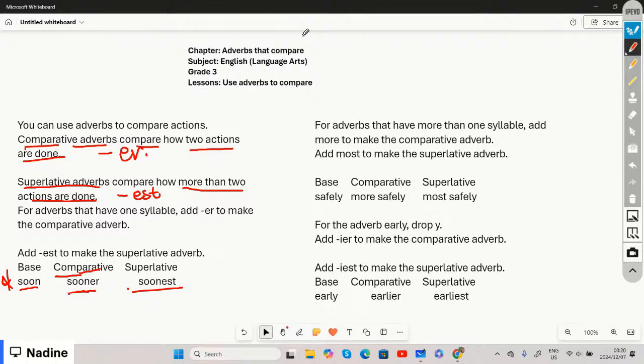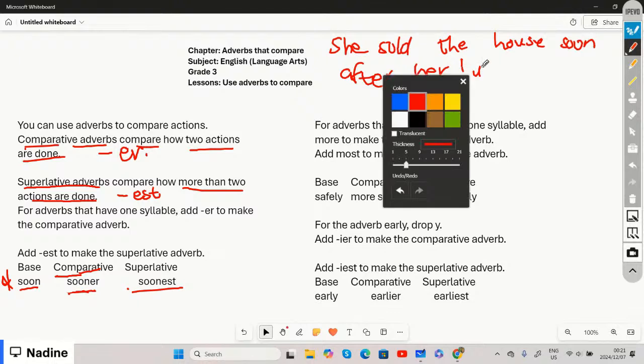Let's say we make an example where we say, she sold the house soon after her husband passed.